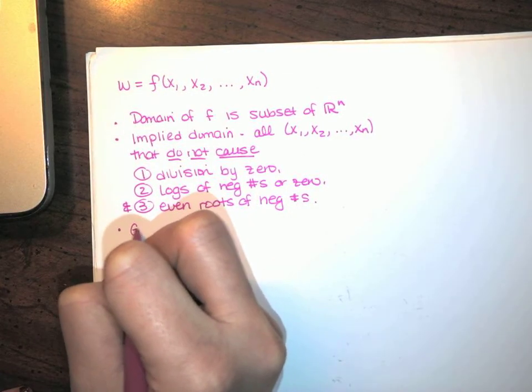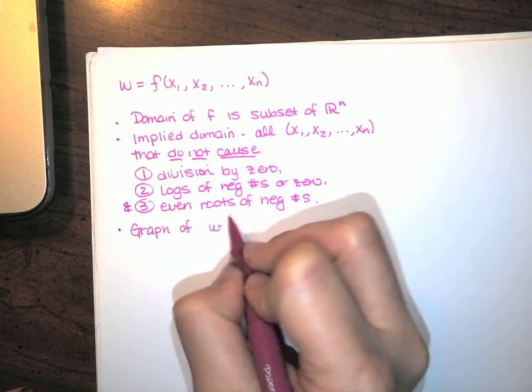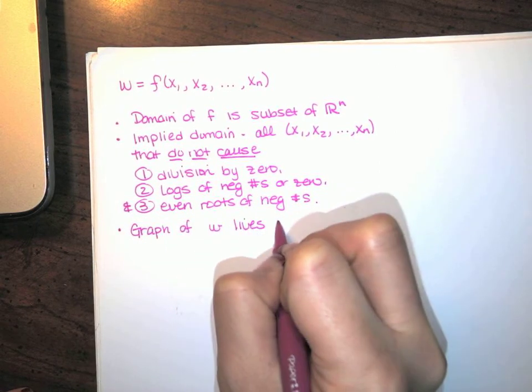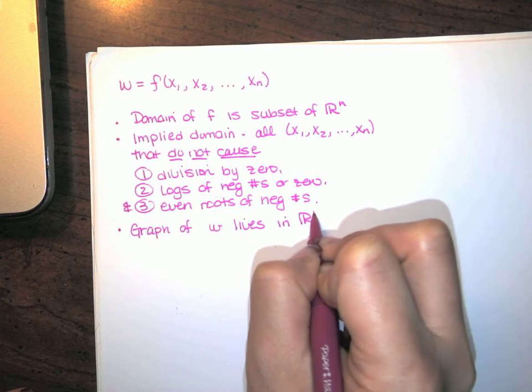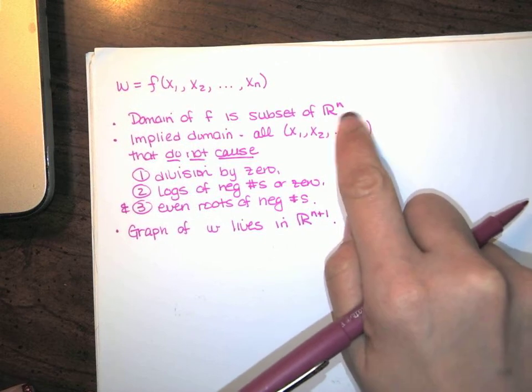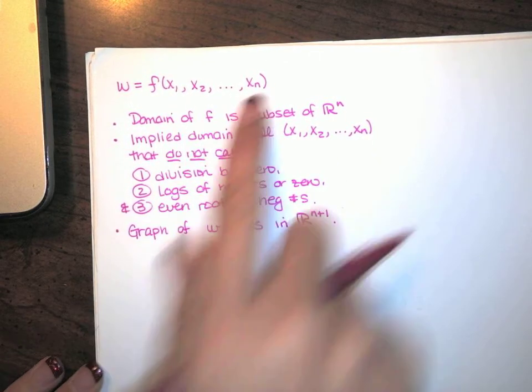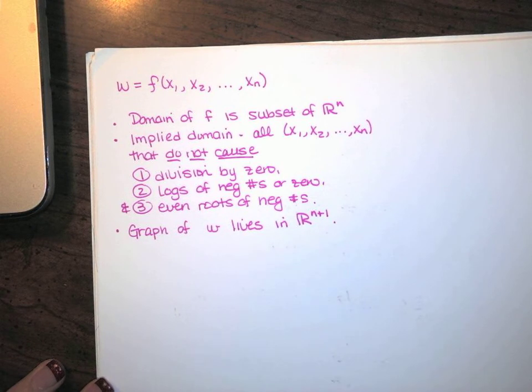We just mentioned this earlier, the graph of w lives in not n-dimensional space, but n+1 dimensional space. I need one variable, or one dimension for each of my inputs, and one extra dimension for my output.